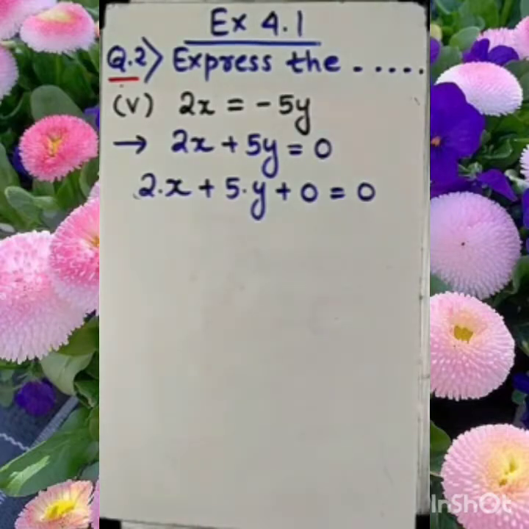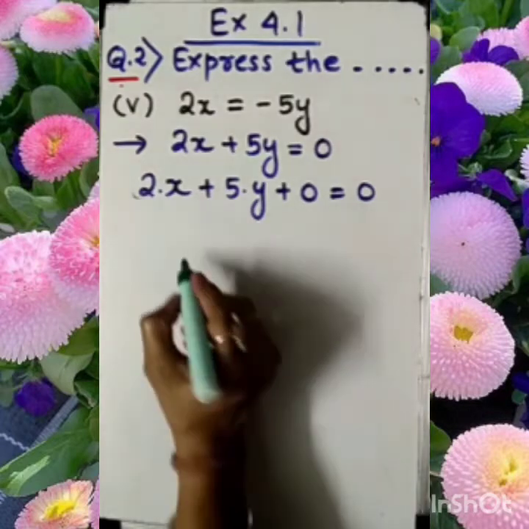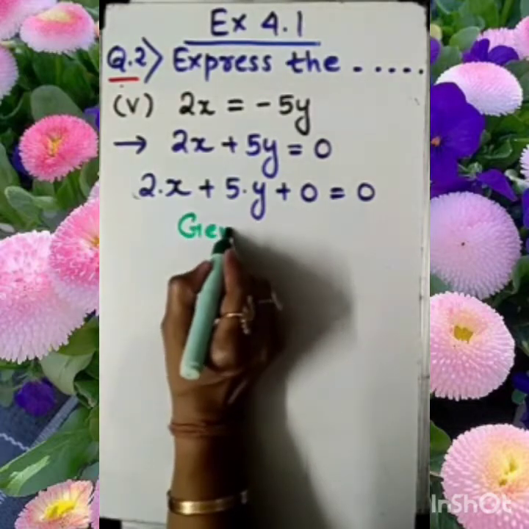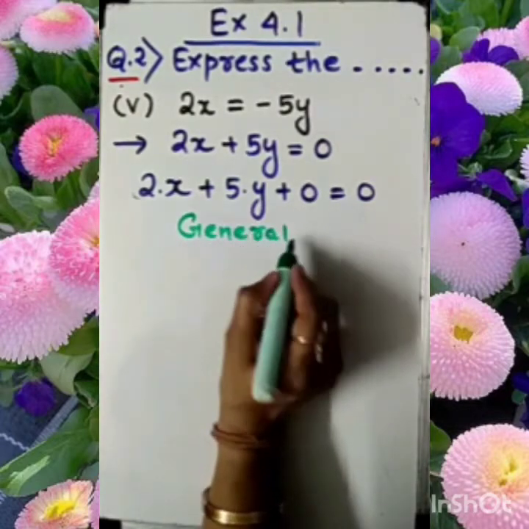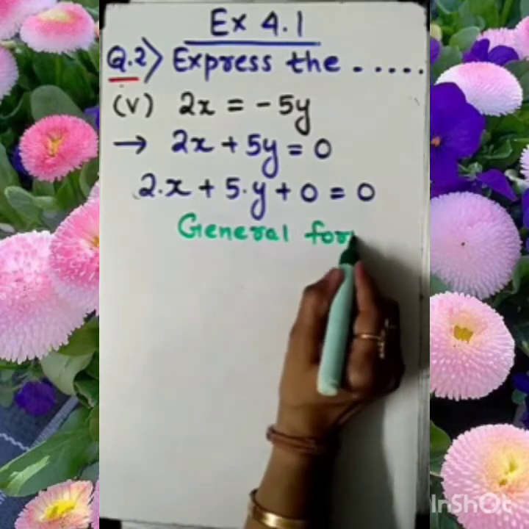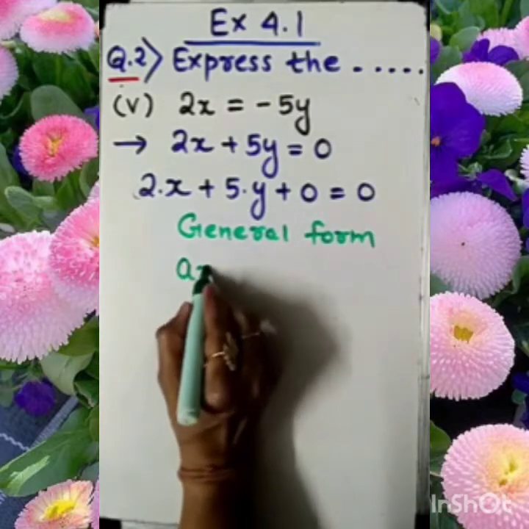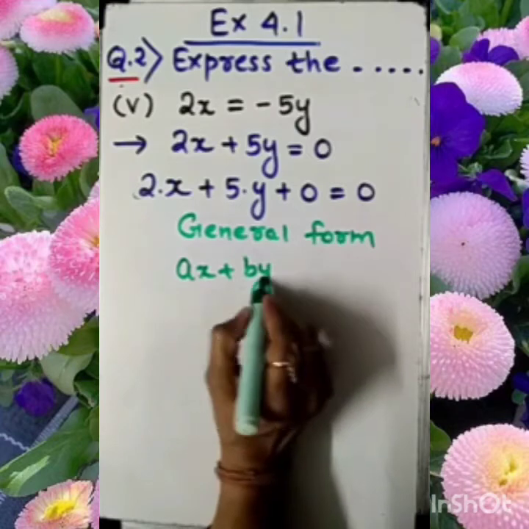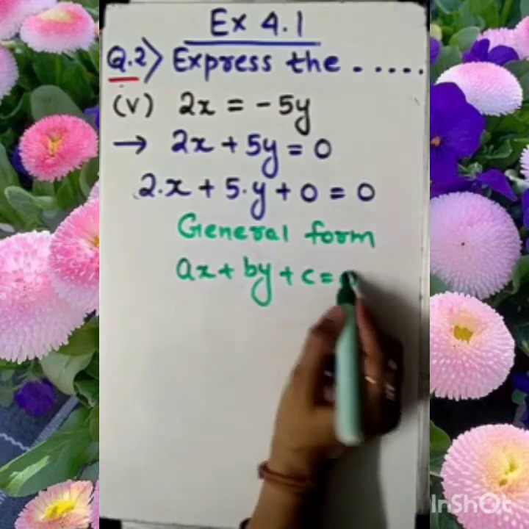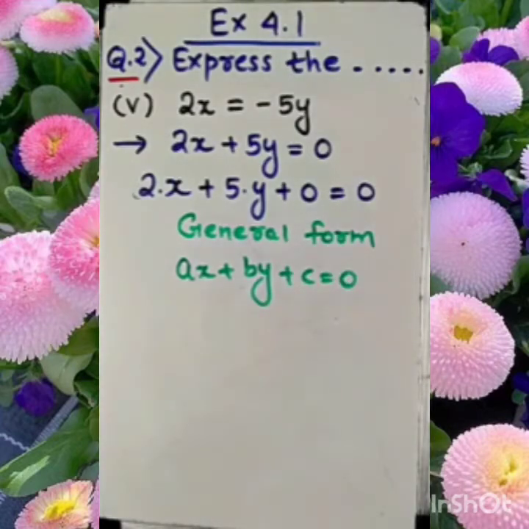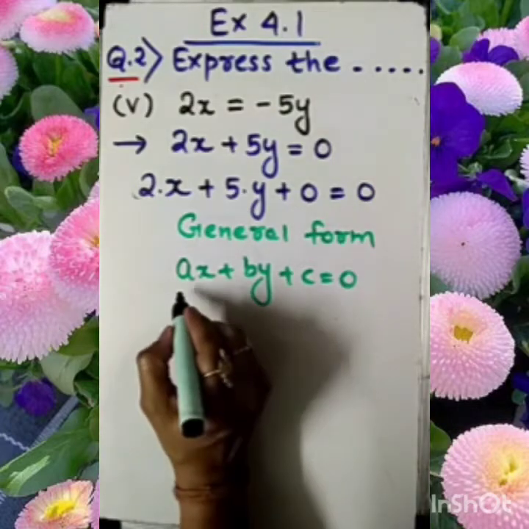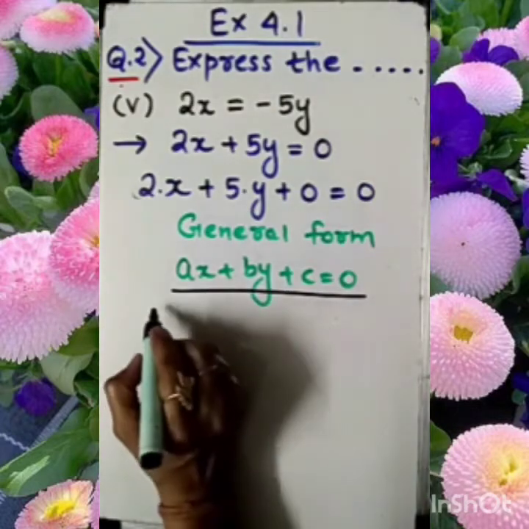Right? Now, as usual, you know the general form of a linear equation in two variables. What is the general form? Let's note down. The general form is ax plus by plus c equal to 0. Now in that, what we have to do?